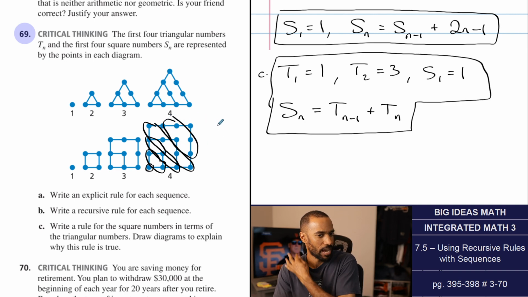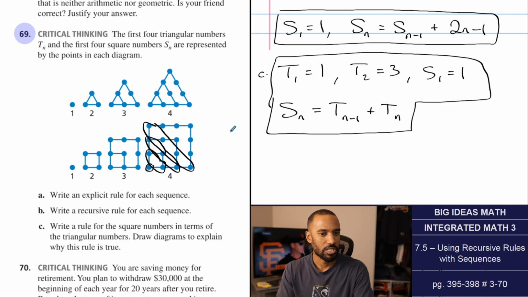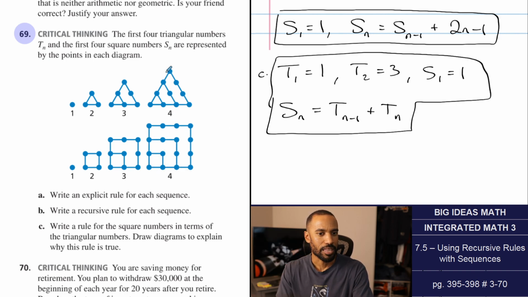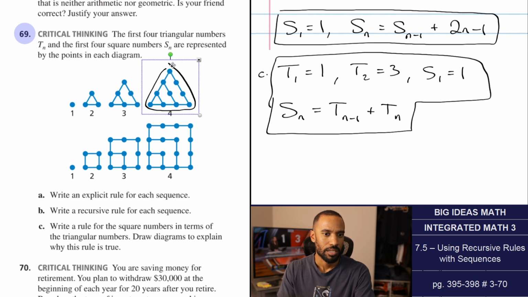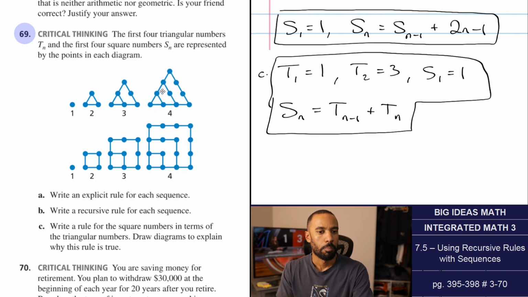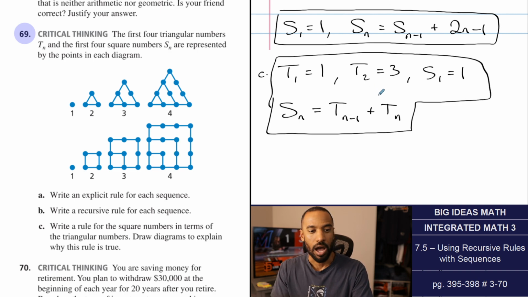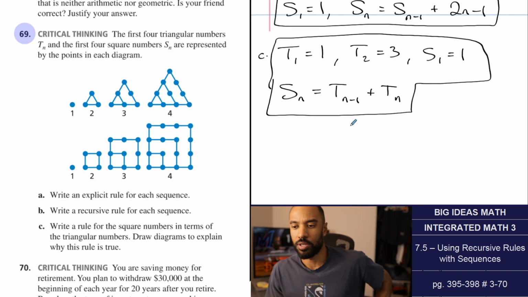Yeah, it works out for sure. I mean, it does, right? This guy is right here in this diagram. Boom. It's not drawn well. Those 10 are right there, and these 3 are right there. I have to draw diagrams to explain why it's true.